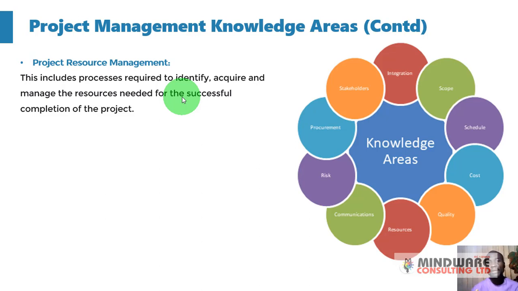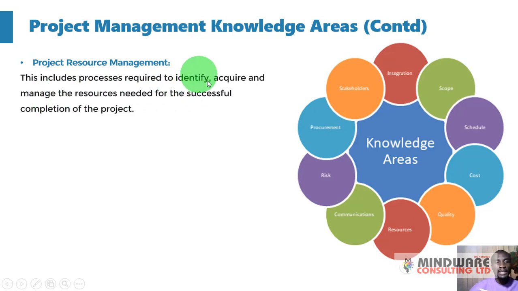And then apart from that, you're also going to need material resources. You're going to need equipment, you're going to need raw materials, machines. So these are resources. And apart from that, funds are also resources, financial resources. You're going to need information, data. So you have different resources that you're going to be needing for your project.